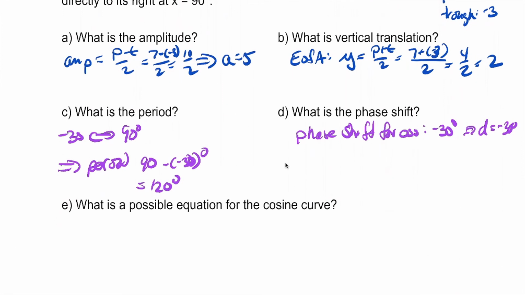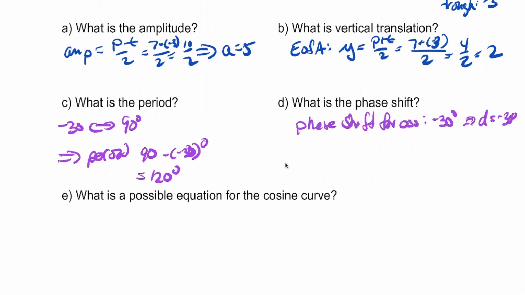So let's get the equation for cos. Let me switch back to blue. y is equal to 5 cos, because my a value is 5. I haven't determined the k value yet, so we're going to do that over here.